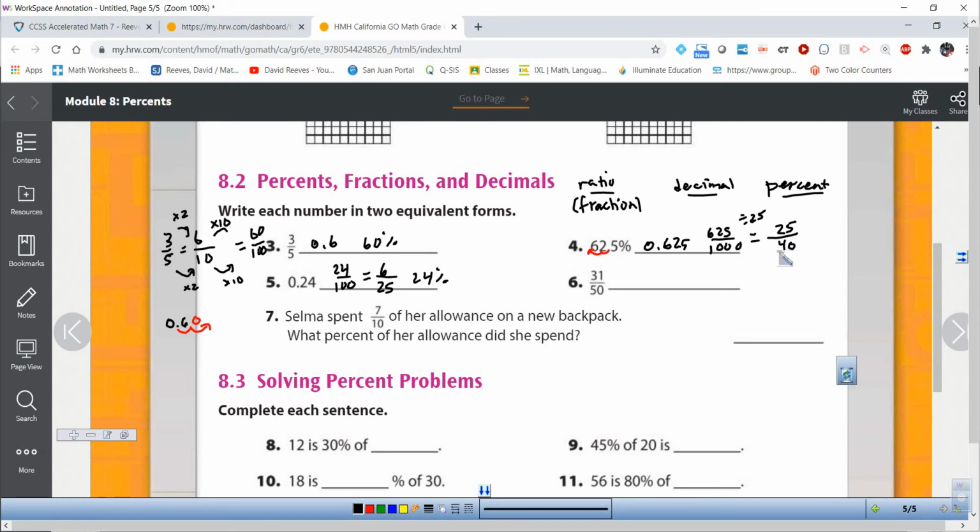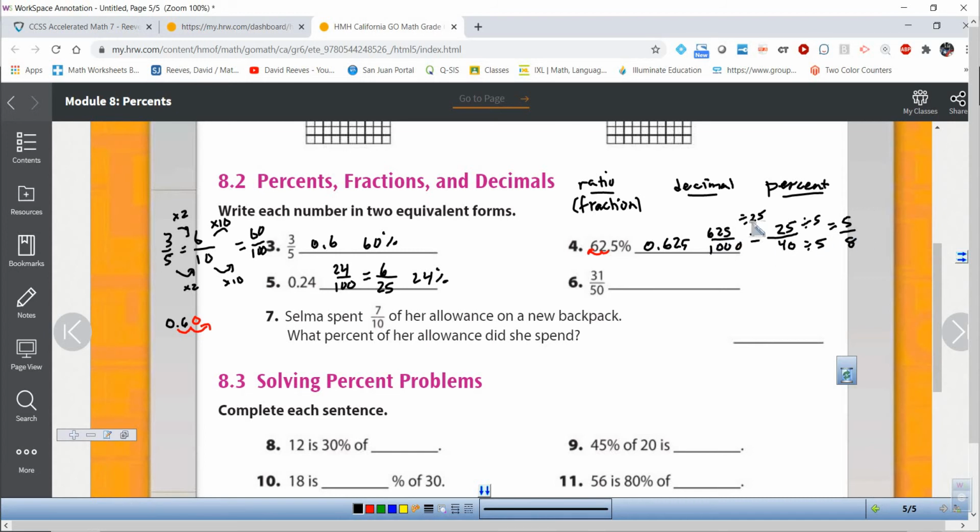But take a look, I can actually do this again because I can divide both of these by 5 still, and that's going to give me 5 over 8. So 625 over 1,000 is an equivalent fraction. 25 over 40 is an equivalent fraction. But if you need it simplified, you got to go all the way down to 5/8.